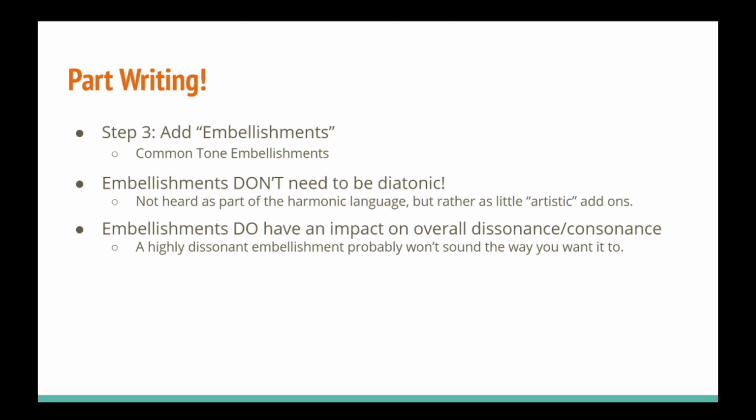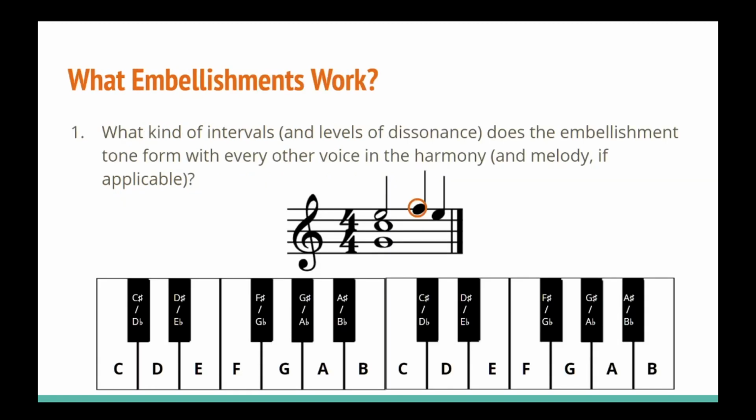The first thing to look at is what kind of intervals and levels of dissonance our embellishment tone forms with every other voice in our harmony, and melody if applicable. For example, let's just look at a C major chord with a simple neighbor tone of F. If we look carefully, we'll see that C to F is a perfect fourth interval.